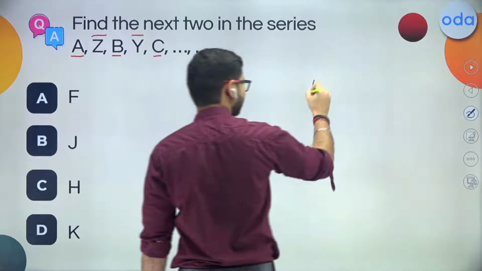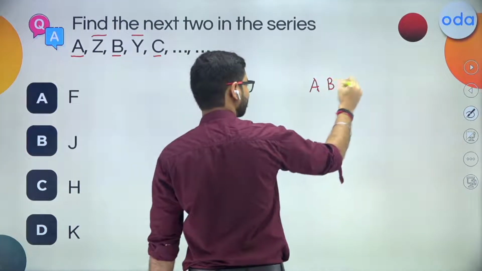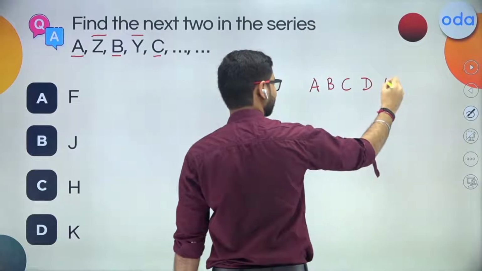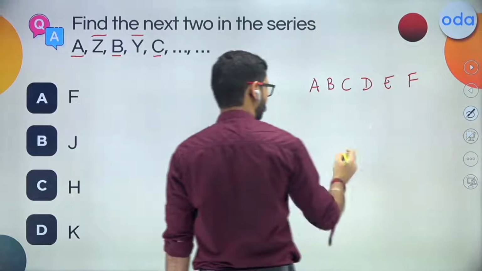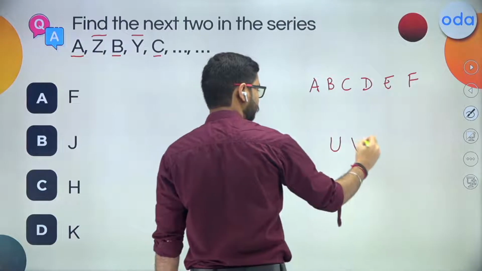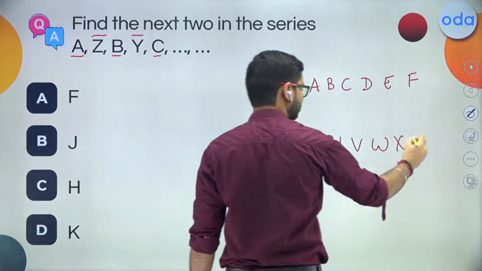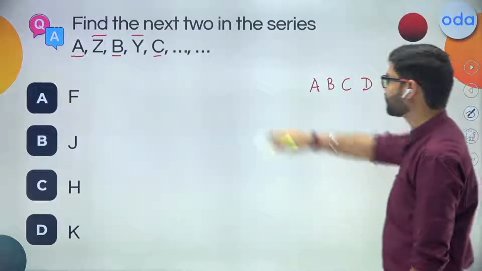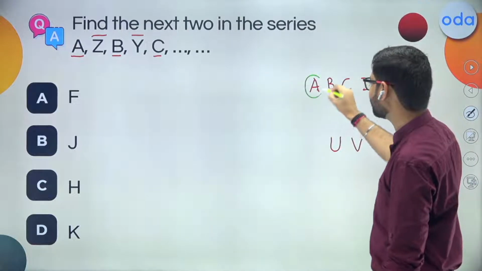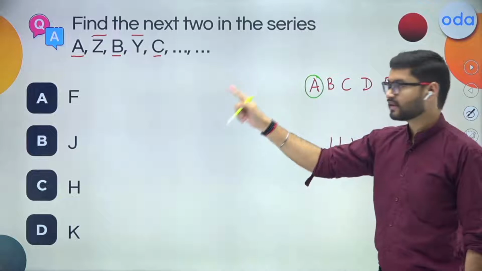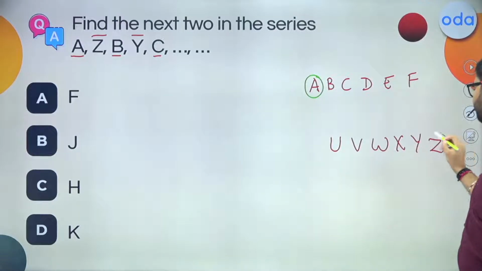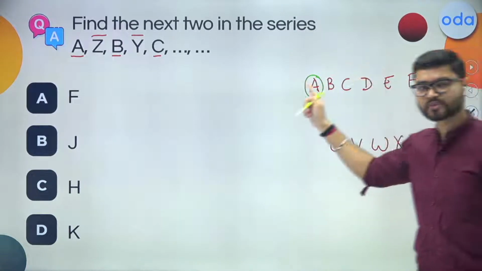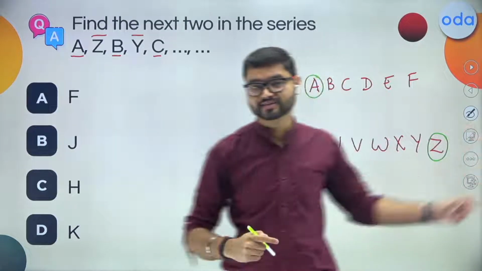So if I write like this, A, B, C, D, E, F, and then also here we have U, V, W, X, Y, Z. Now observe what is going to happen. First of all, I have taken A from the beginning. The next one I have taken from the last. So first from the beginning and then from the last.